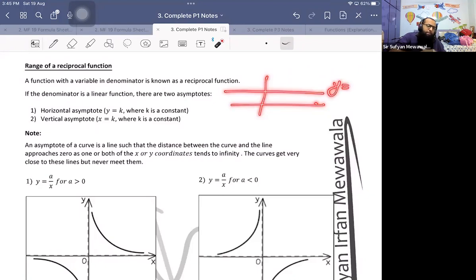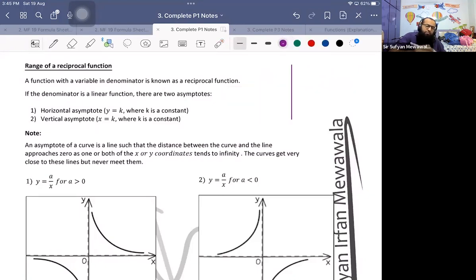तो रिकॉल करें, अगर मैं ग्रिड बना लूं, if I am going to draw a grid. ग्रिड बना ली. अब देखिएगा, if I am going to draw a horizontal line, and if I am going to draw a vertical line. So the vertical line passes through 1, the equation is x equals 1.